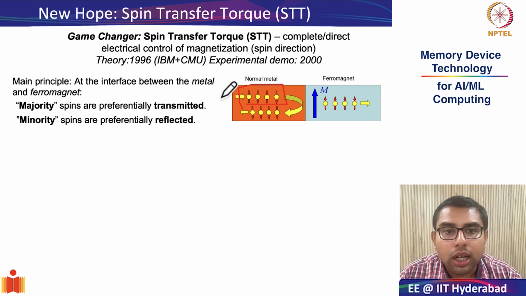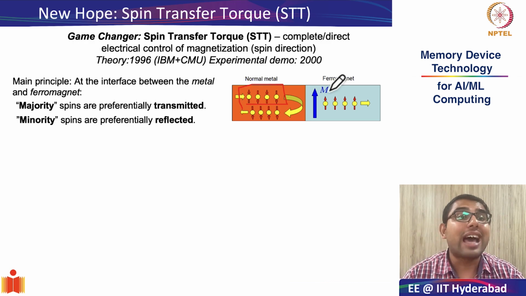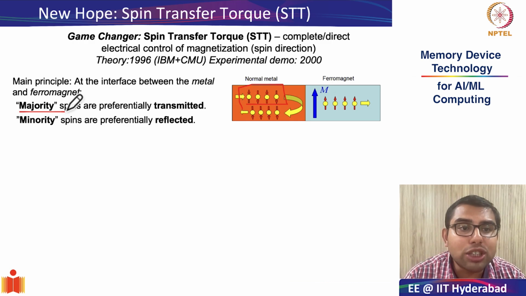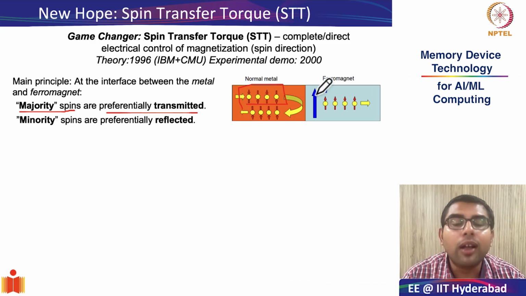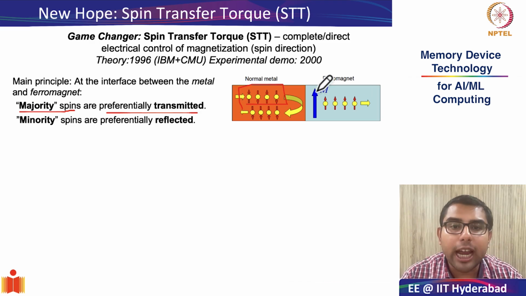So a charge current is trying to enter from a normal metal into a ferromagnetic metal. What happens is that the majority spins are preferentially transmitted. What is majority spin? The spin which has the same alignment as the magnetization of your ferromagnetic layer.